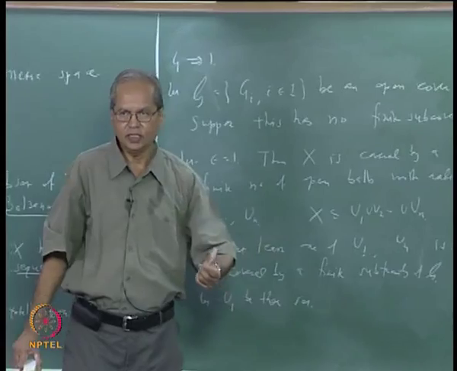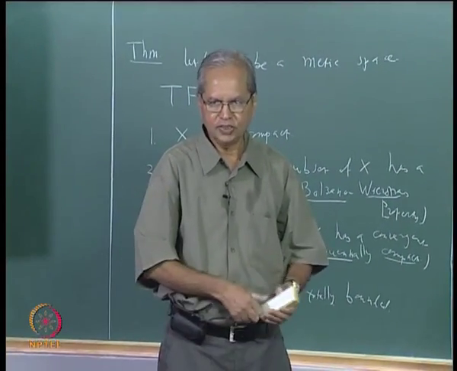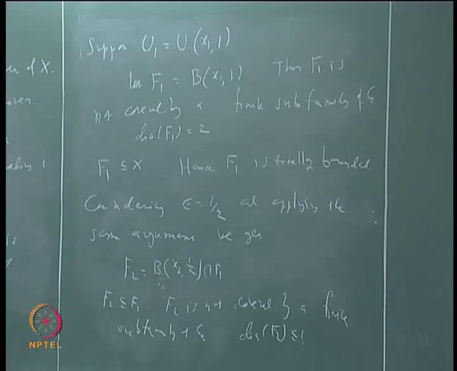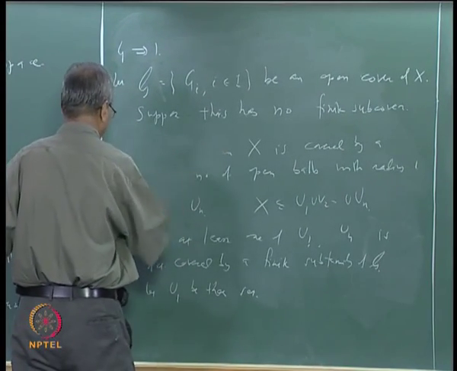You will get a decreasing sequence of closed sets, and each Fn has all those properties. So let me just write this argument.